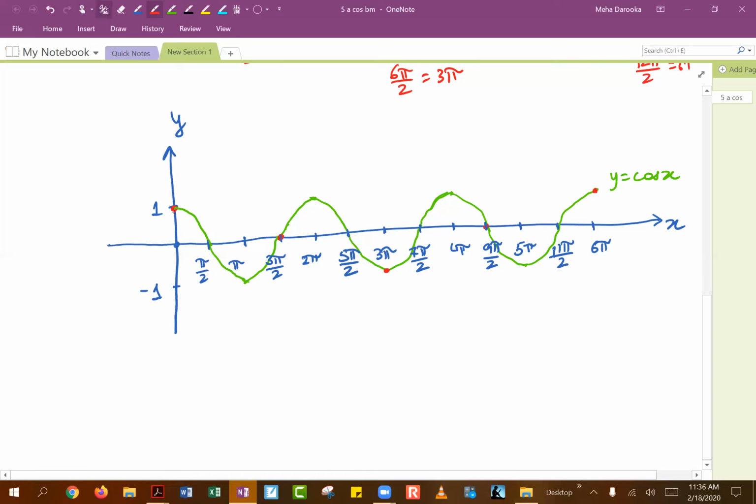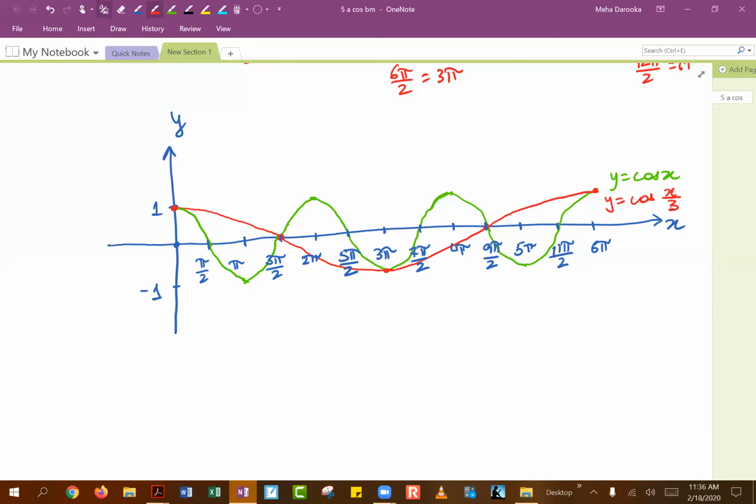So you're looking at a stretch, which would end up looking like this. And in the red, we have y equals cosine of x over 3.